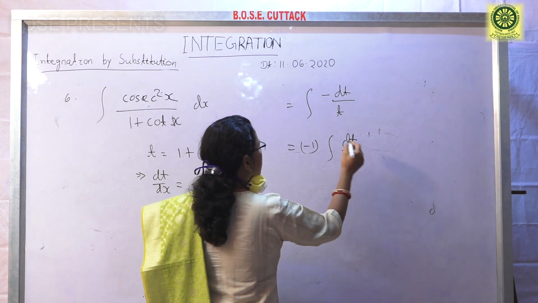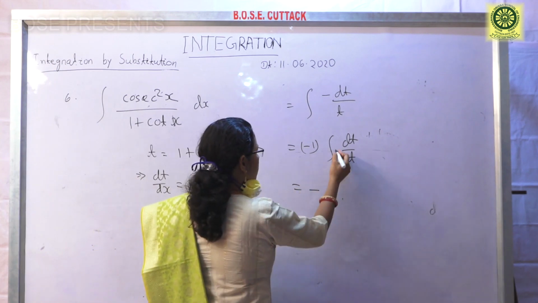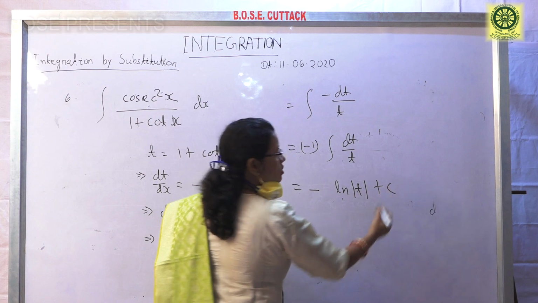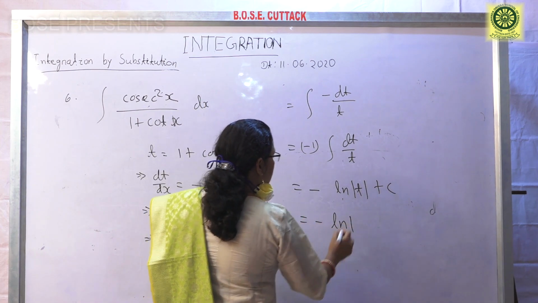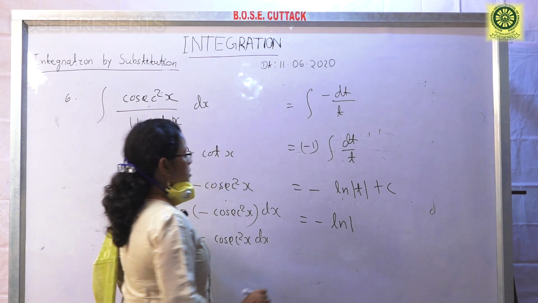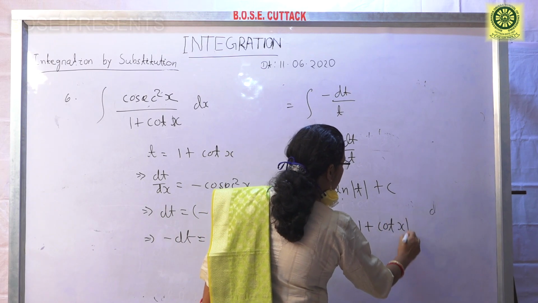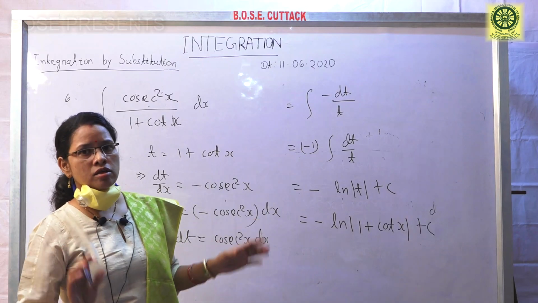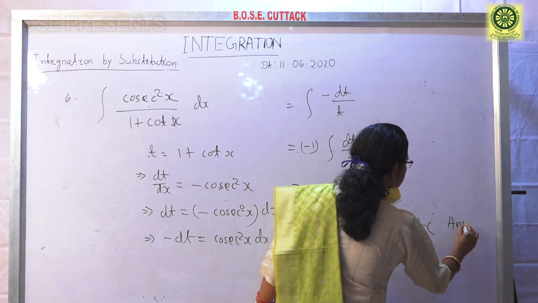So you have minus the integral of 1 by t with respect to t, which is minus ln mod t plus c. Now just replace this t by what we have taken here, 1 plus cot x, plus c. So your required answer is minus ln modulus of 1 plus cot x.